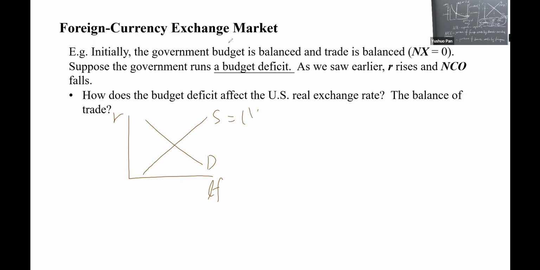Saving equals Y minus T minus C plus T minus G. If there is a budget deficit, T minus G is going to decrease, so S is going to decrease as well. A budget deficit means G is bigger, so S is going to shift to the left. So R increases.